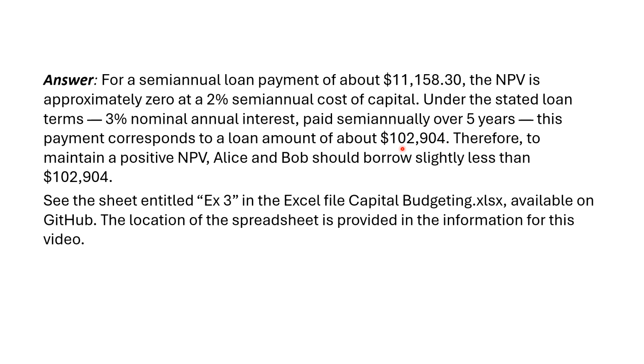So this is the answer to the problem: 102,904. Therefore, to maintain a positive NPV, Alice and Bob should borrow slightly less than this number, which makes these payments a little bit less too, right? Which would be less amount being subtracted from the money they're making.